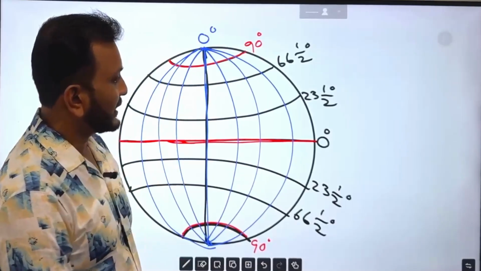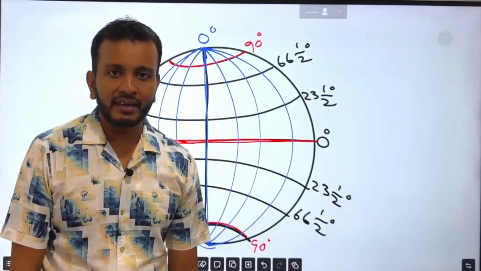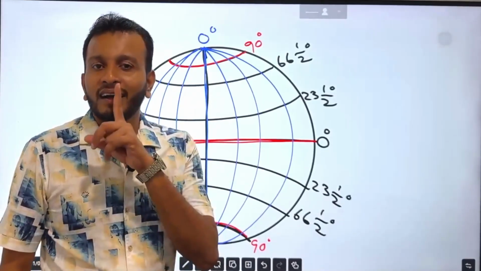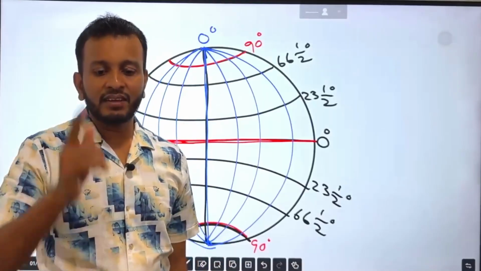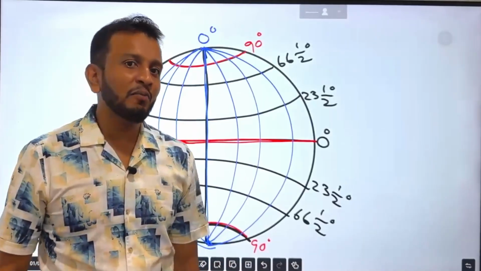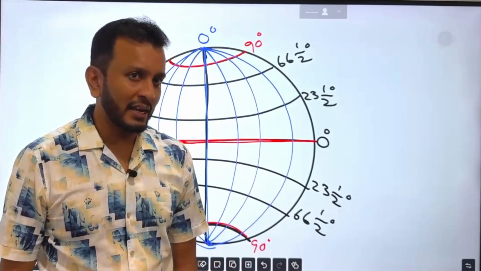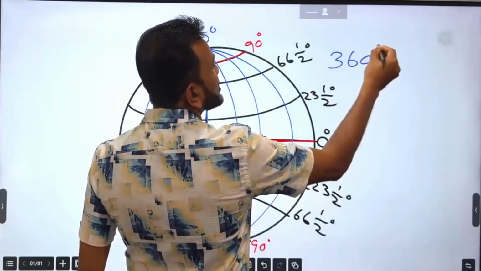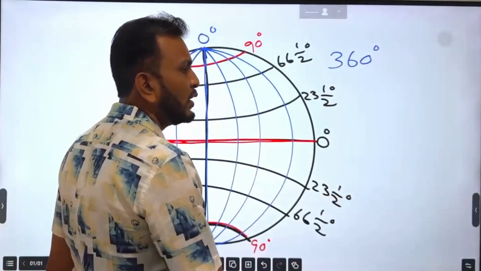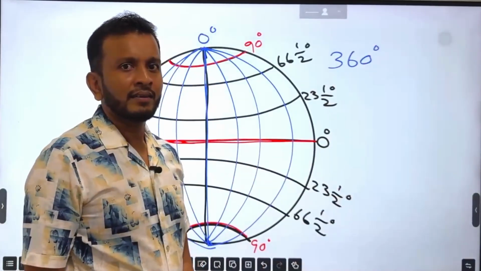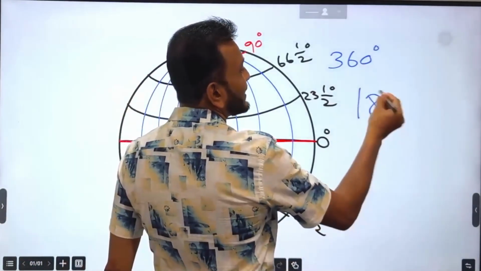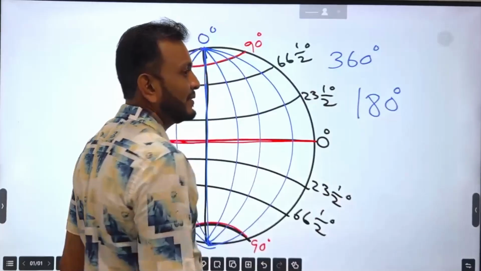Those are our latitudes and longitudes. Right. What is the major latitude on the globe? Equator. What is the major longitude on the globe? Greenwich Meridian line. Then what is the 180 degrees longitude line called?